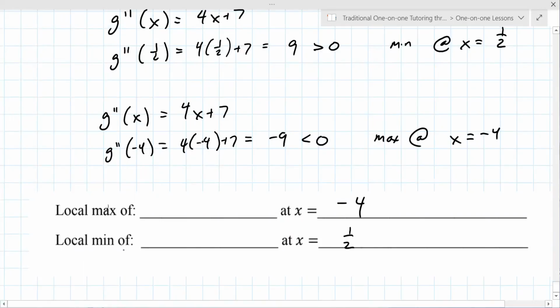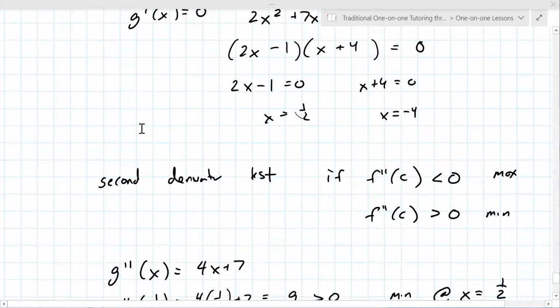The local max and local min values you get from putting these x values back into the original. But you don't have the original. Huh. That's interesting. So you actually can't do this because you don't have the original function.